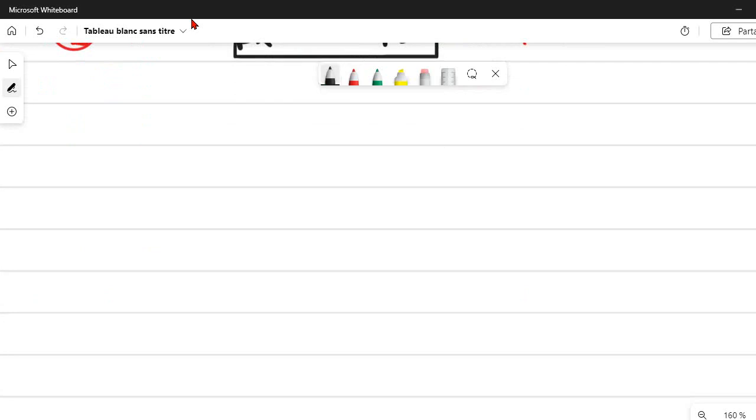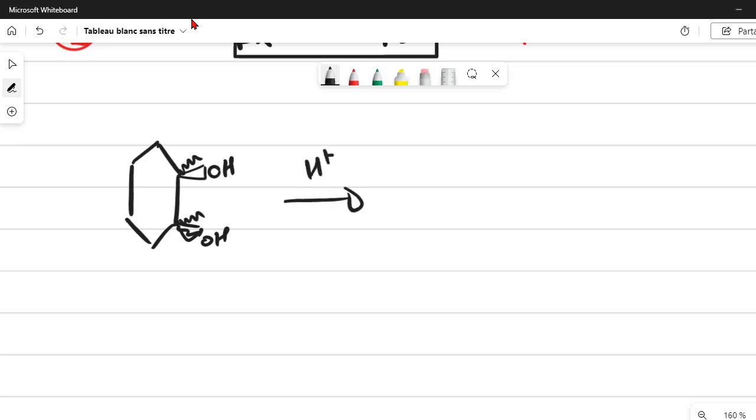For example, we have an OH. This is our pinacol, and we have two methyl groups here. Under acidic conditions, we can form this molecule. Let me draw the molecule again.